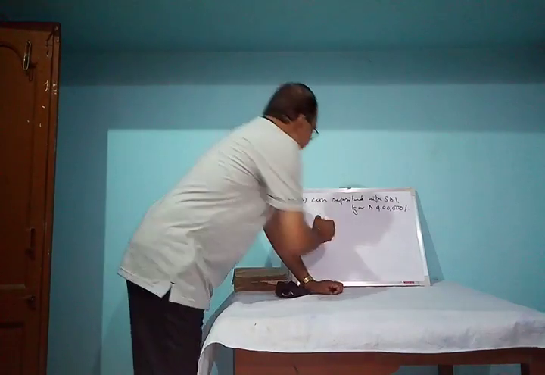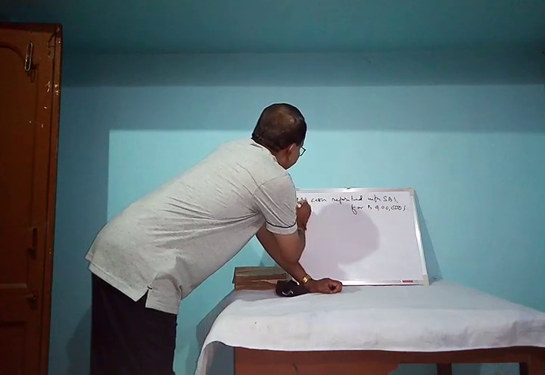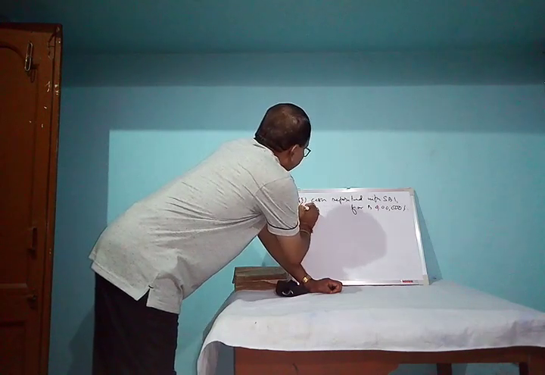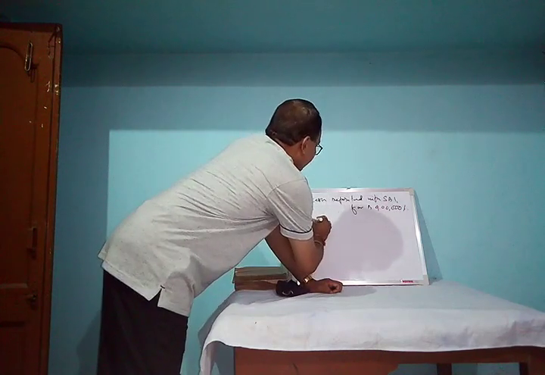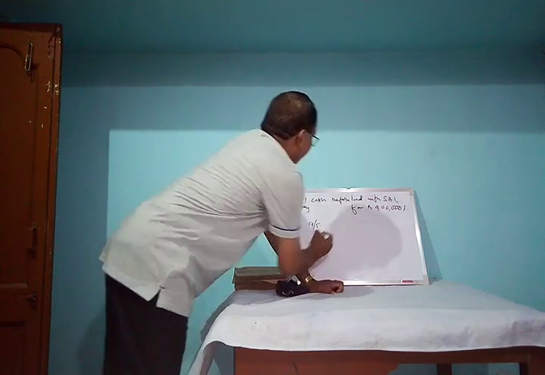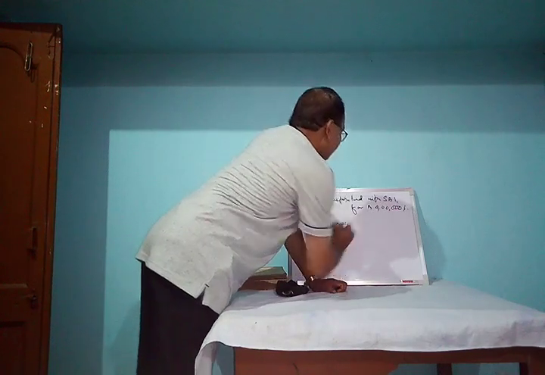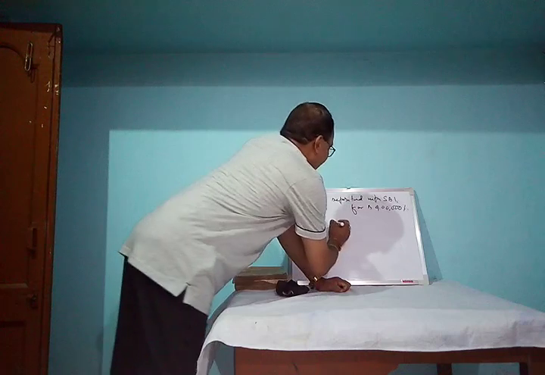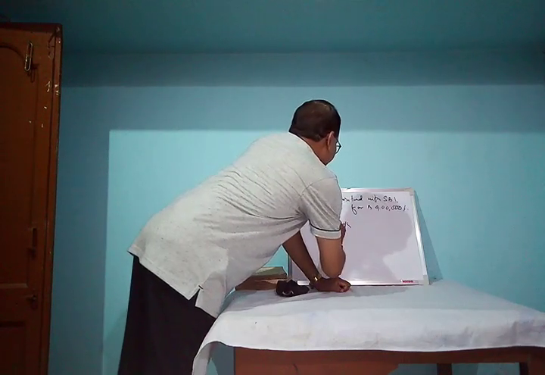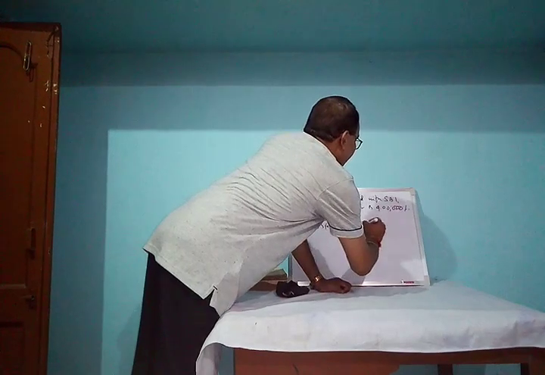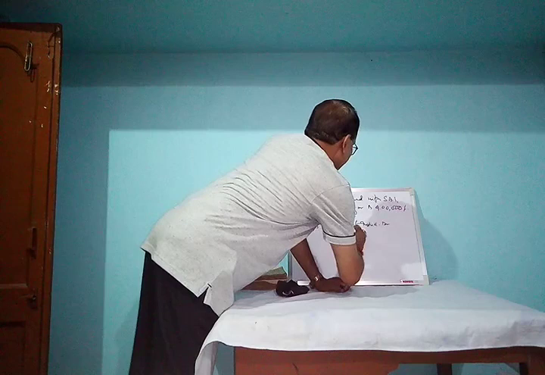What should you write? Suppose it is on 17th May. 17th May should be there. And in particulars we should write down: the bank has received, the receiver of the cash is the bank. Instead of bank we should write State Bank of India, debited to cash.